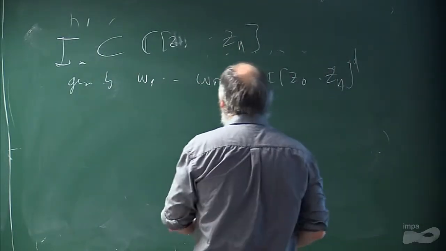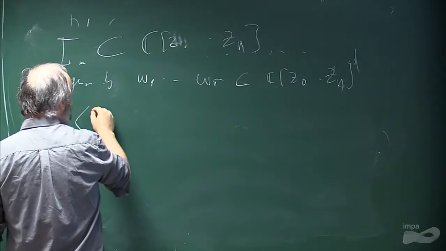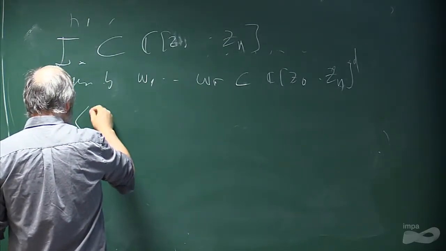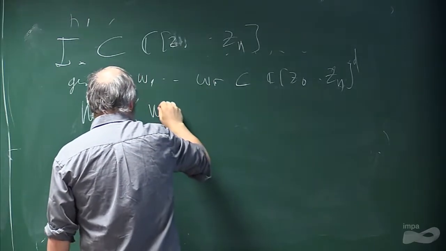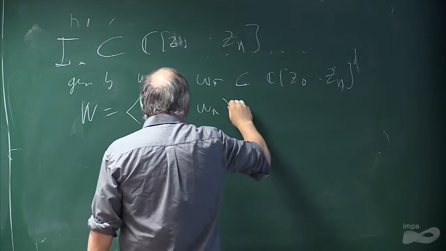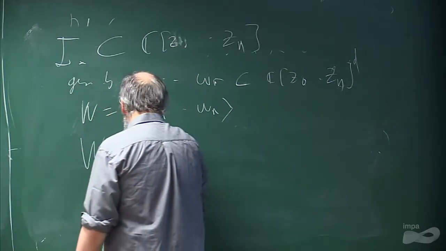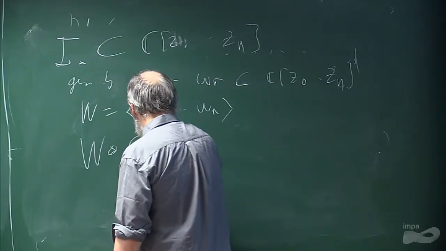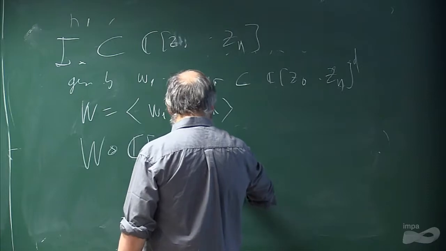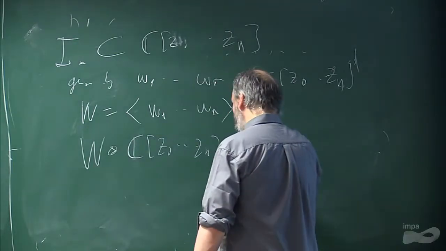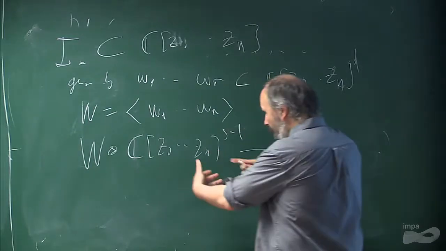Then you have this matrix. W is generated by these guys, W1 through WR, and you take W times monomials, Z0 through Zn to the power S minus D, and you just multiply them.